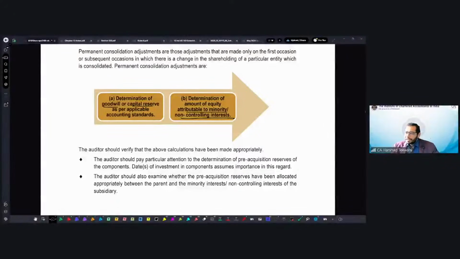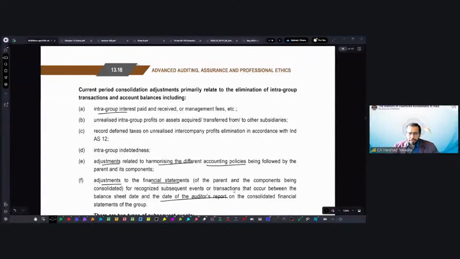Then unrealized profit with respect to the intergroup transaction. Then intergroup loans. So there are various intergroup transactions that may happen between the holding and subsidiary.